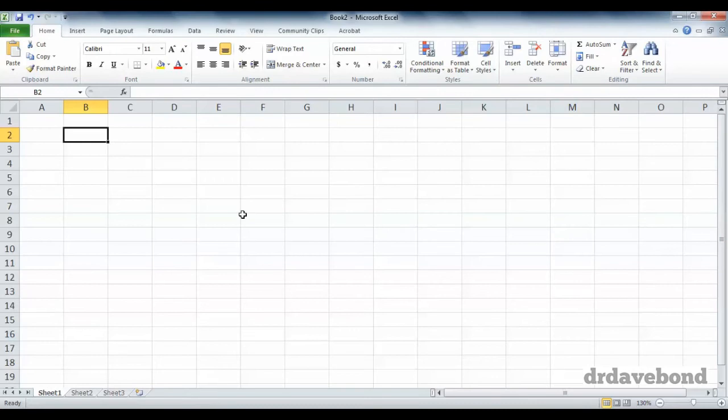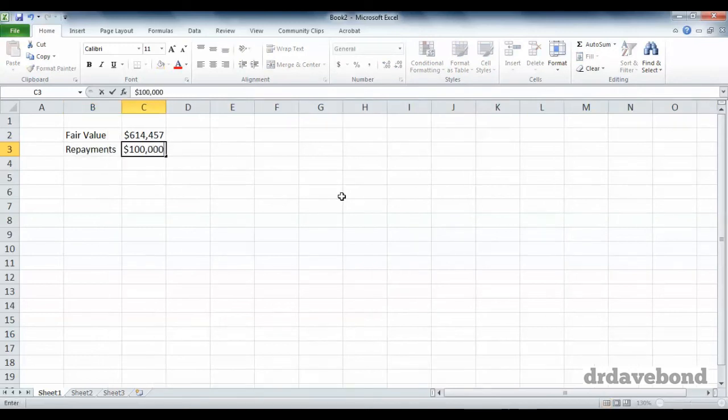So we'll give it a fair value of $614,457. This is an arbitrary number which will make sense in a moment. Repayments are annual and in arrears, so they'll happen at the end of each year. The lease term is for 10 years.